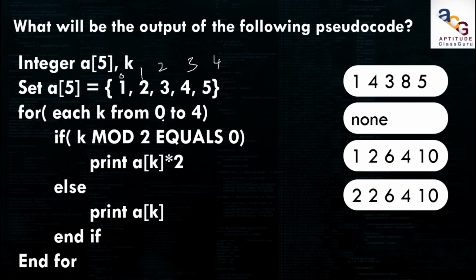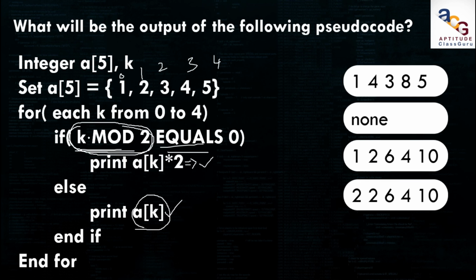For each k from 0 to 4, if k mod 2 equals 0, which means k is an even number, he is multiplying by 2, or else print a of k. So if k is even, we have to double the number. If k is an odd number, you have to directly print the value of a of k. So let's start.